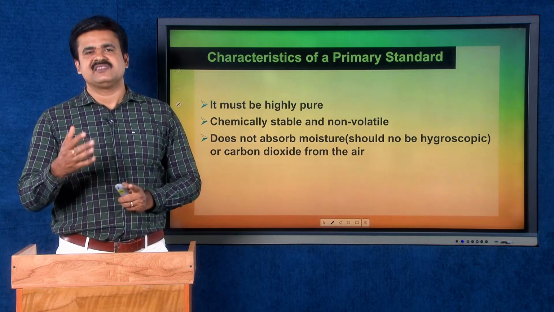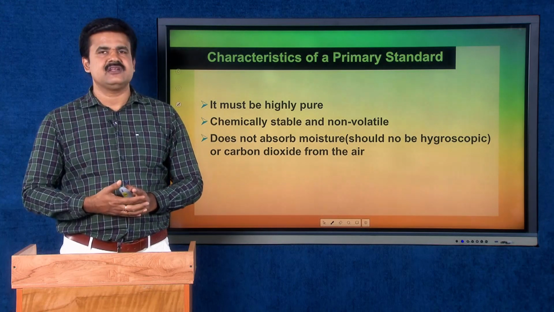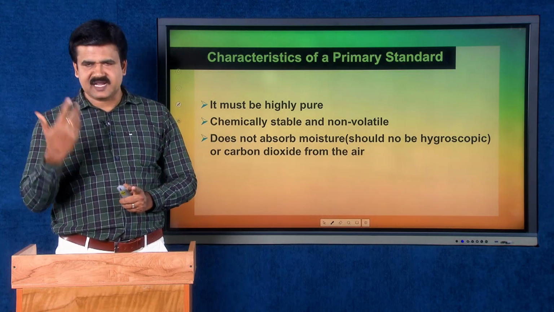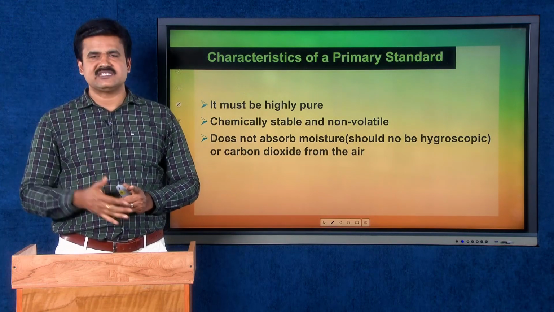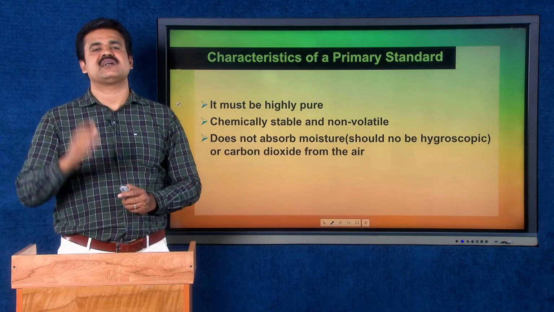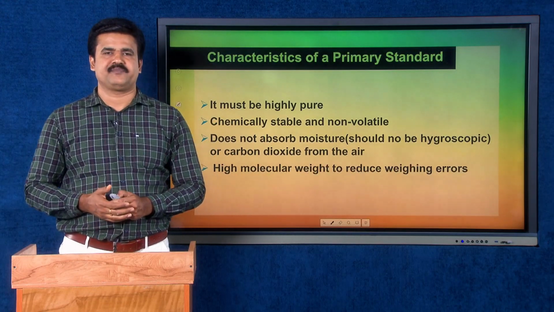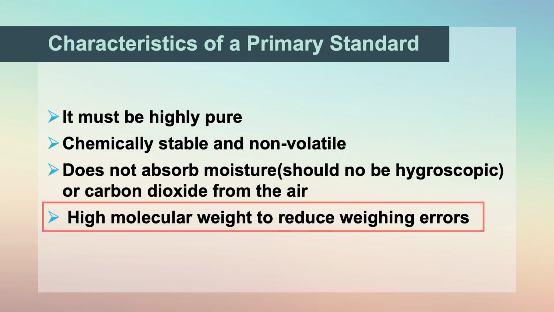That means for a substance to act as a primary standard, it should not be hygroscopic, it should not absorb moisture from the air, it should not absorb carbon dioxide from the air. And high molecular weight of the material is preferred, and this is to reduce weighing errors.